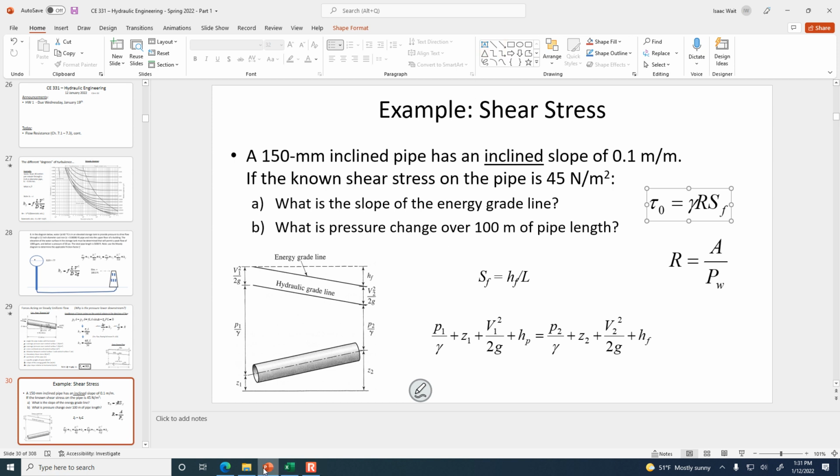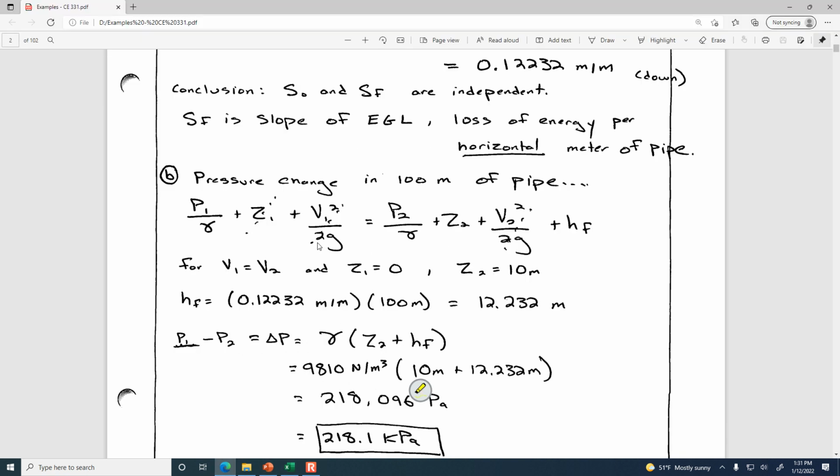Okay, so here, the velocity at 1 and the velocity at 2 are the same because it's a pipe diameter of 0.15 meters that isn't changing. So there's no non-uniform flow. The flow is uniform, so V1 and V2 are equal. You can see I've canceled them out of the energy equation. Z1 is 0, Z2 is 10.